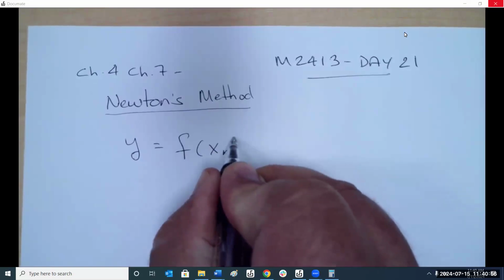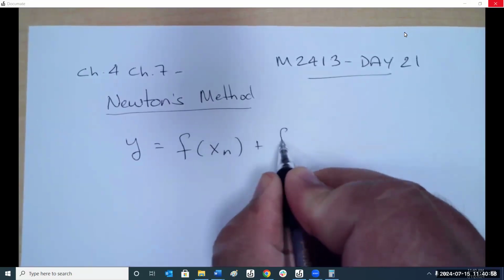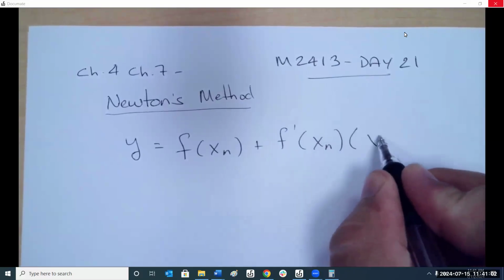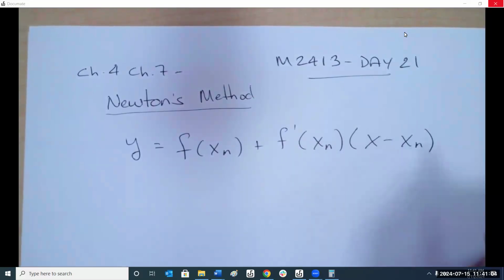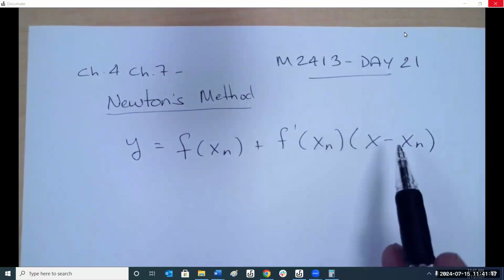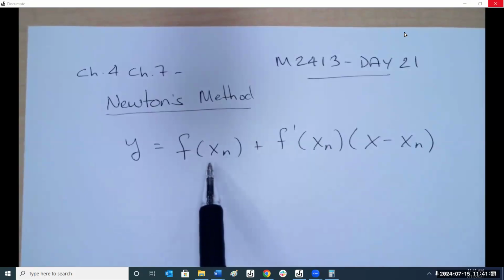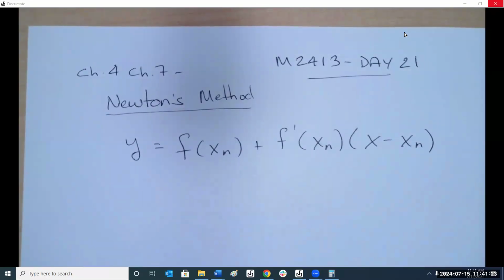f of x sub n plus f prime of x sub n times x minus x sub n. Because remember, this is the slope, and that's your function value.